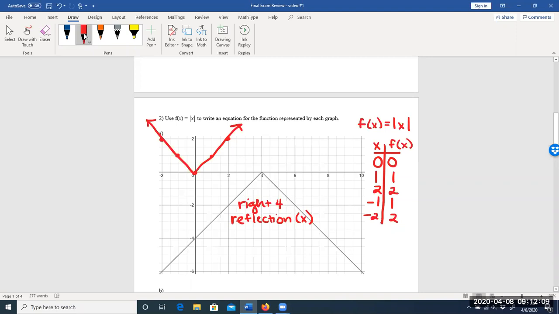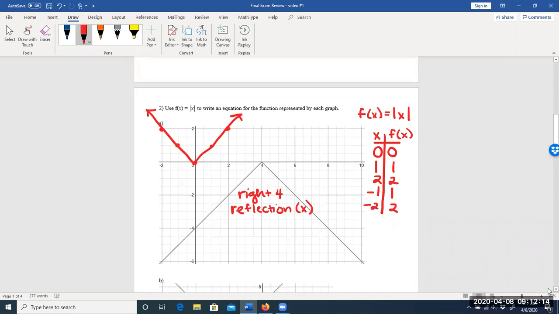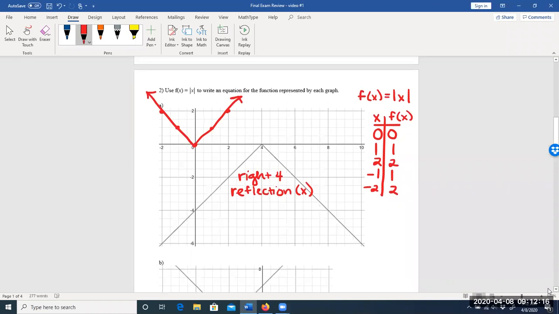Instead of being a V-shape, it's an upside down V. So, ready to write the equation here. Right 4 means inside the grouping symbol, which in this case is absolute value bars. This is the counterintuitive one. I'm actually going to write x minus 4 inside the bars.